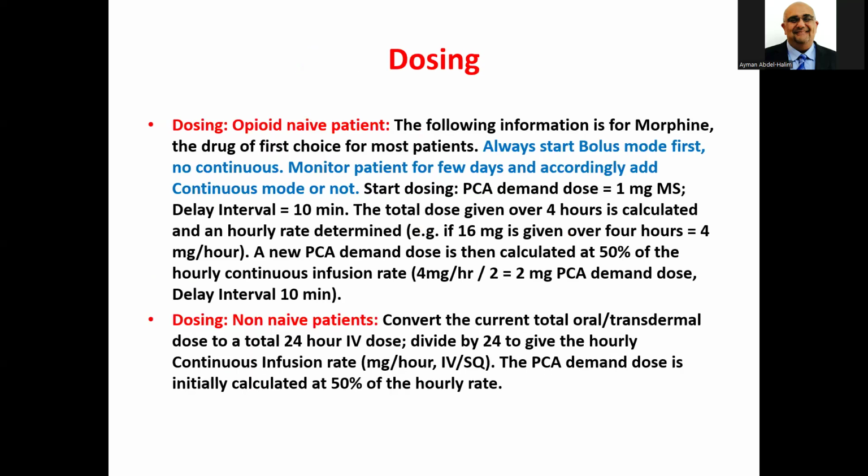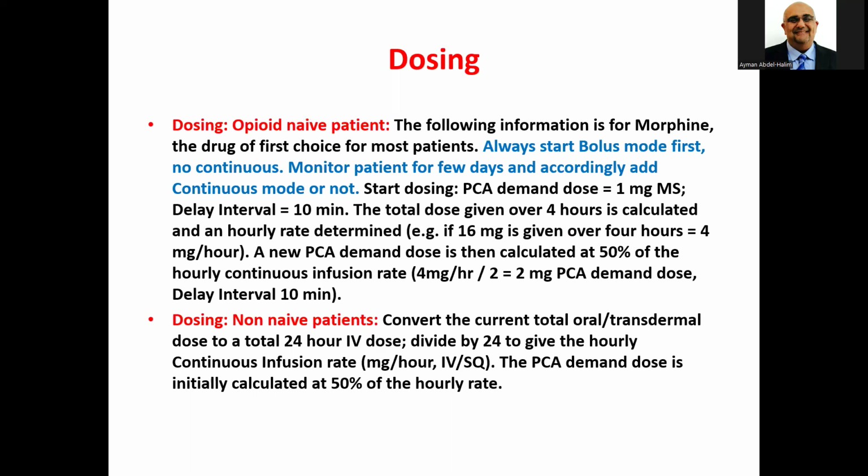Dosing. Dosing depends on whether the patient is opioid naive or non-naive. For opioid naive patients, you start with, let's say, a standard dose of 1 milligram morphine, delay interval or lockout of 10 minutes, and the total dose given over 4 hours is calculated, and the hourly rate determined.